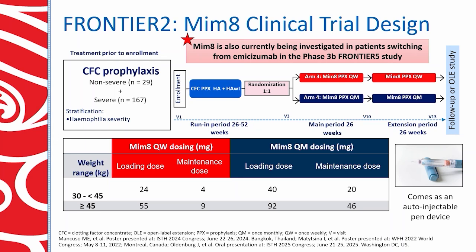You can see that here the dosing regimen is different from that of emicizumab. So we have a so-called tiered dosing. Patients receive, according to weight categories and dosing schedule, a loading dose followed by a maintenance dose. And usually a pen device is offered here for these patients.